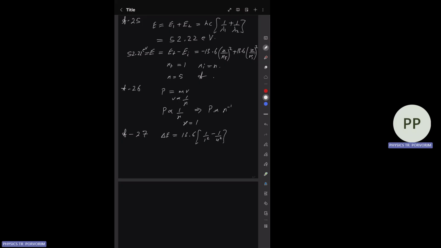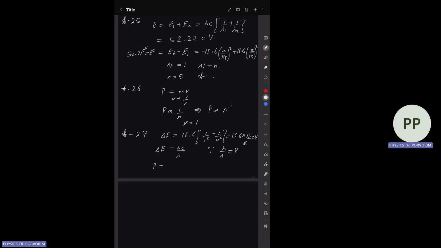When we solve this, we'll have roughly 13.6 into 15 by 16 electron volt. Okay, this is the energy of photon emitted. Also, energy of photon can be written as hc by lambda, right? And we know that h by lambda is equal to momentum.